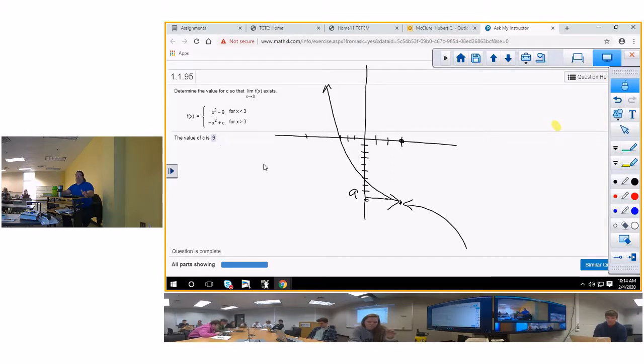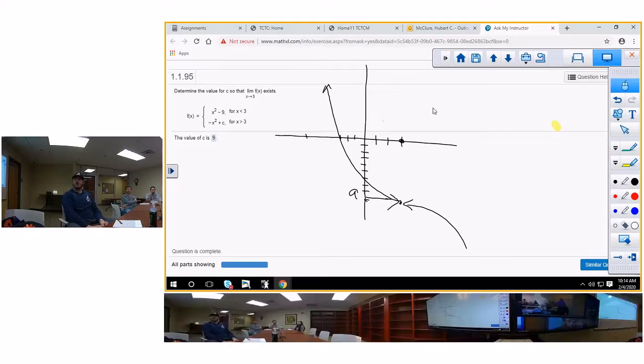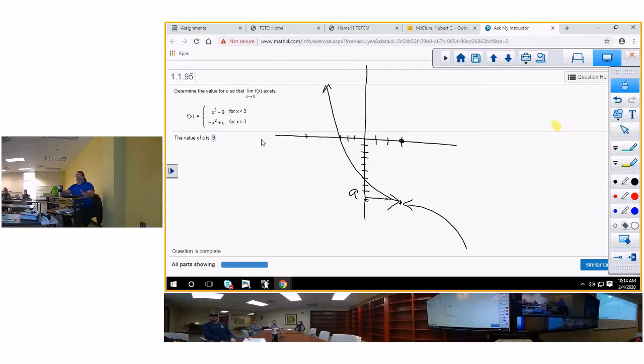That's not a good test question. But that's the answer, 9, because you got a vertical shift of negative 9. Okay, that's the answer to that one. I don't like that one because it's assuming that vertical shift right there.